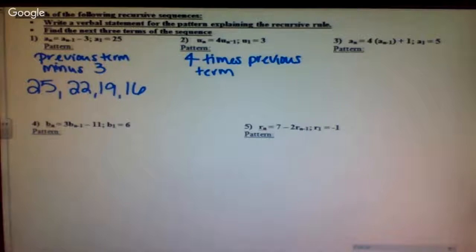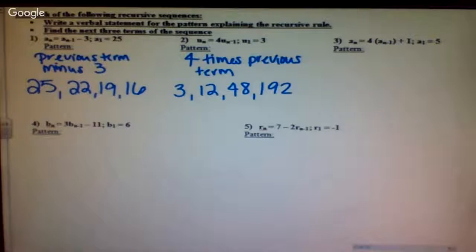Previous term times 4 is fine as well. Okay? So if I start with 3, 12, 48, 192.